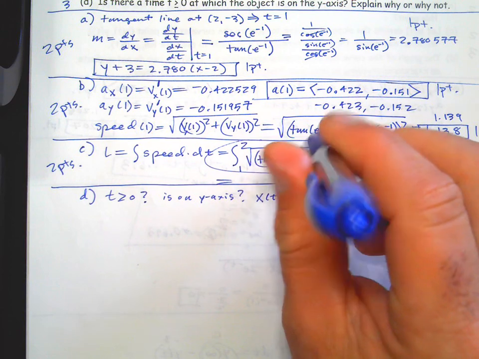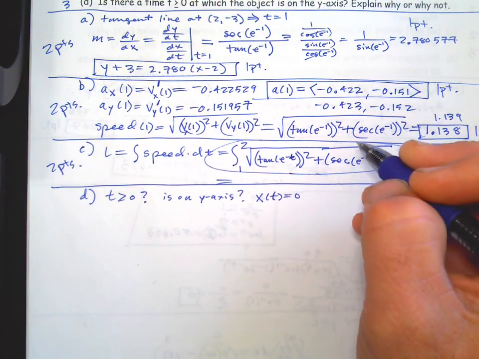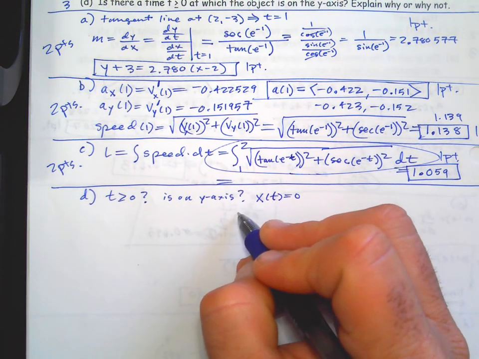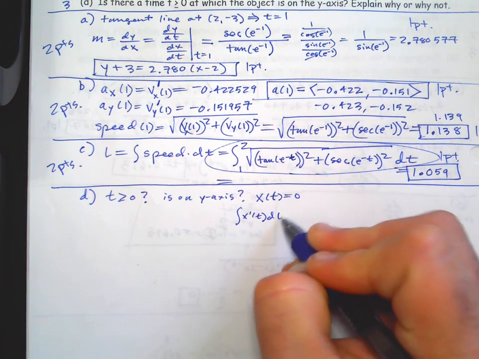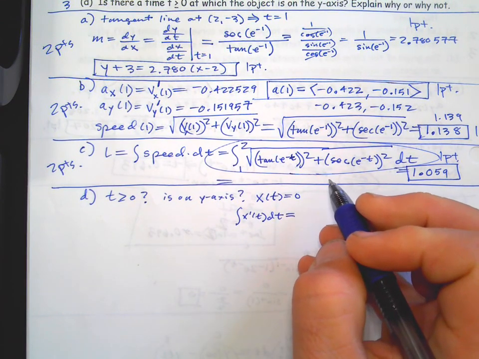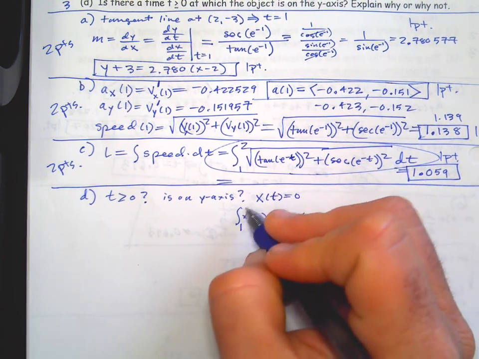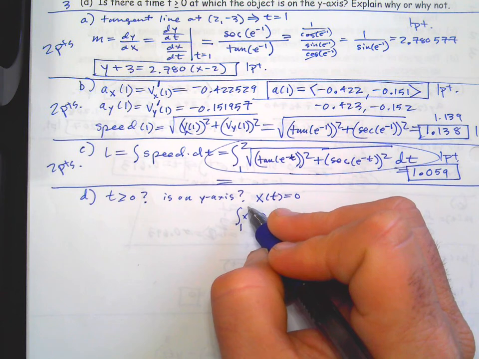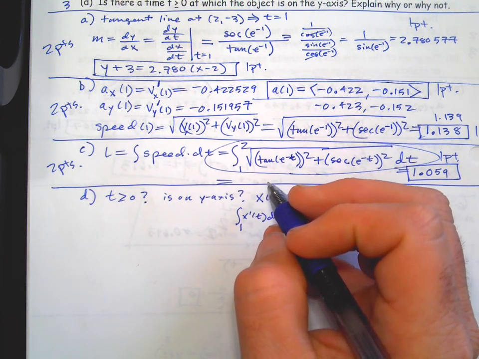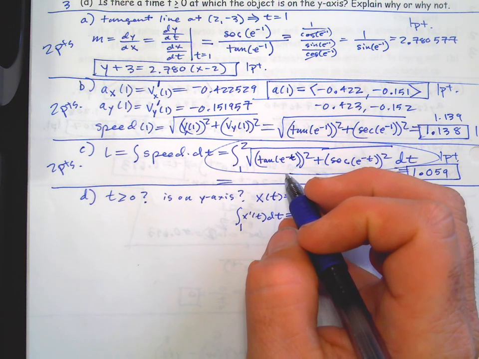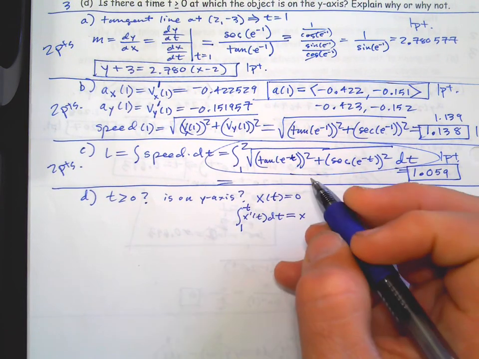So we could say, if you integrate x prime, and we know the position at time 1, and then we could go to, I don't know, 1 to some time or something?